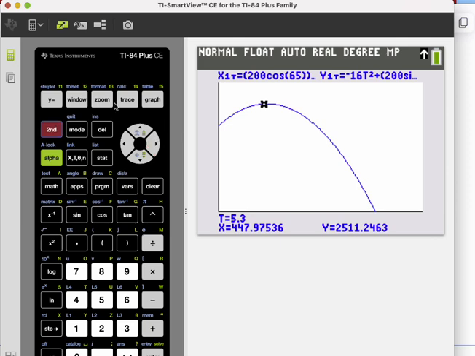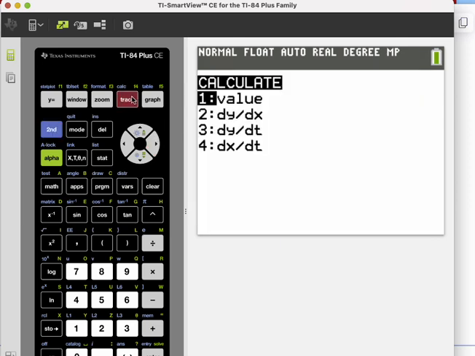Now, if you go to second calculate, you'll notice a bunch of things missing. The max and min functions are not there. The zero function is not there. You only really have value. These are calculus formulas that you haven't learned yet, but you have value.